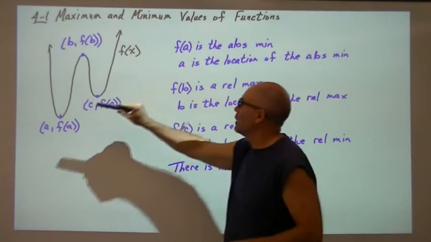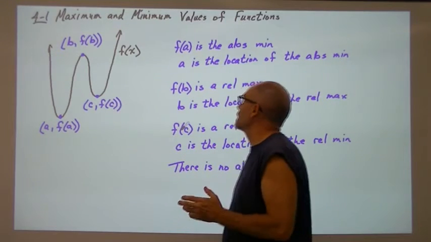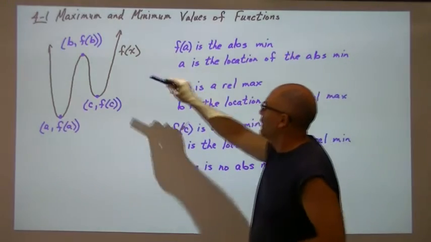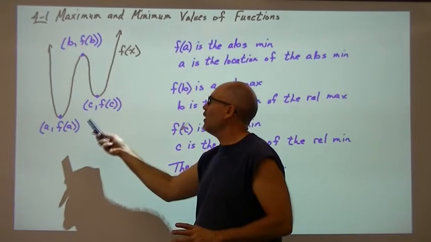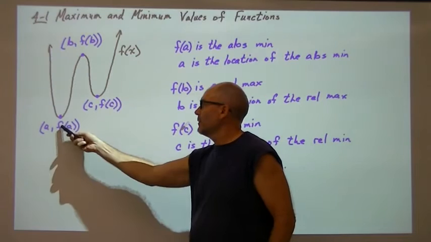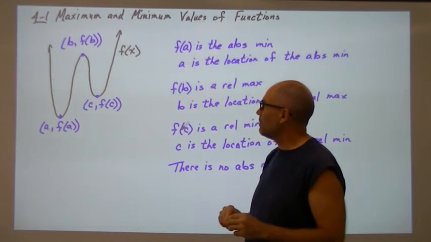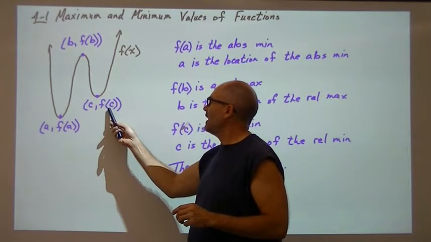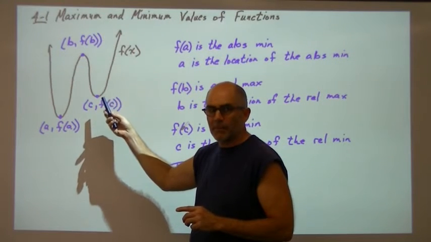Right here I'm showing you the difference between relative and absolute. F of a is the absolute minimum of this function here because there is no other point in f that's less than f of a. So f of a is the absolute minimum. Now, f of c is a relative minimum.